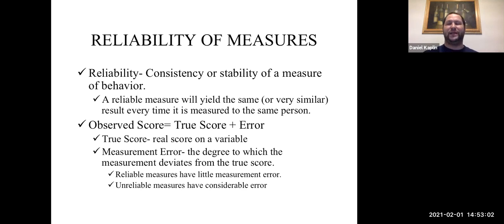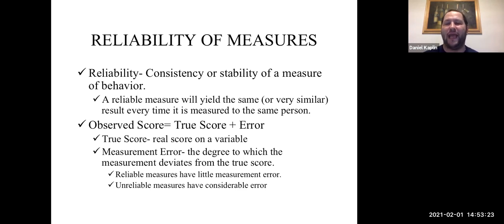Reliability refers to the consistency of a measure. Validity refers to the accuracy of a measure. So reliability is, if I give this test over and over and over, will it give me a predictable, dependable, or very similar outcome all the time? Well, here's the deal.